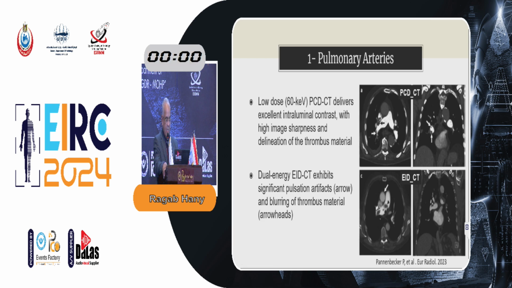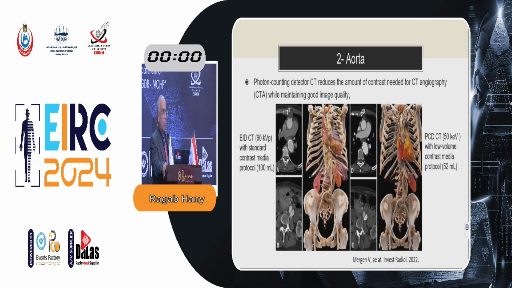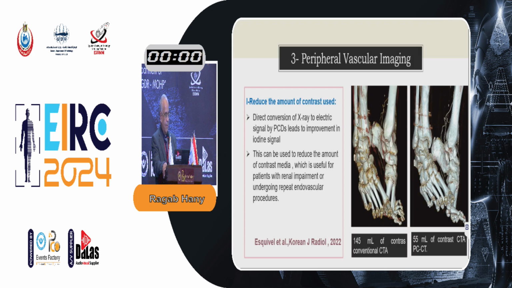In the aorta also, with a low amount of contrast, maybe up to 50 milliliters, we can easily detect the whole aorta and the stent.